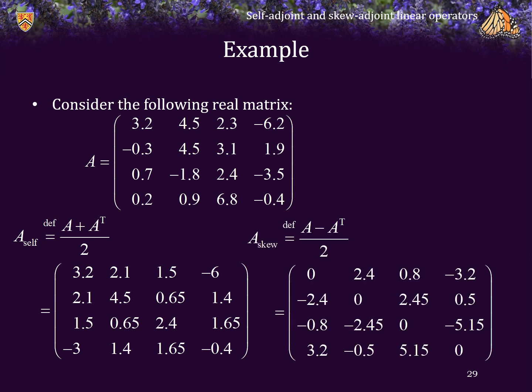The skew-adjoint component is found by calculating A minus A transpose all over 2. And once again, if we calculate this, we see the skew-symmetric matrix we see here. All the entries on the diagonal are 0, and any off-diagonal entry is the negative of the corresponding entry reflected through the diagonal.